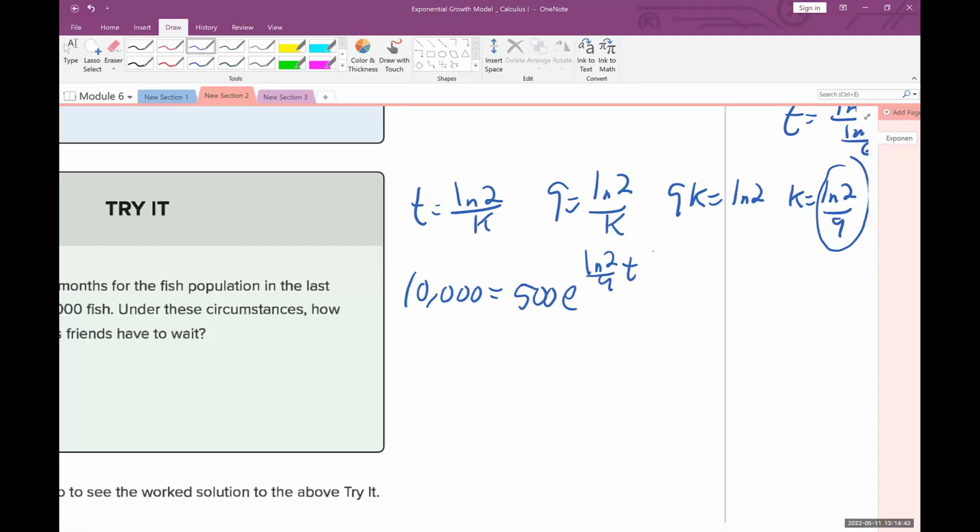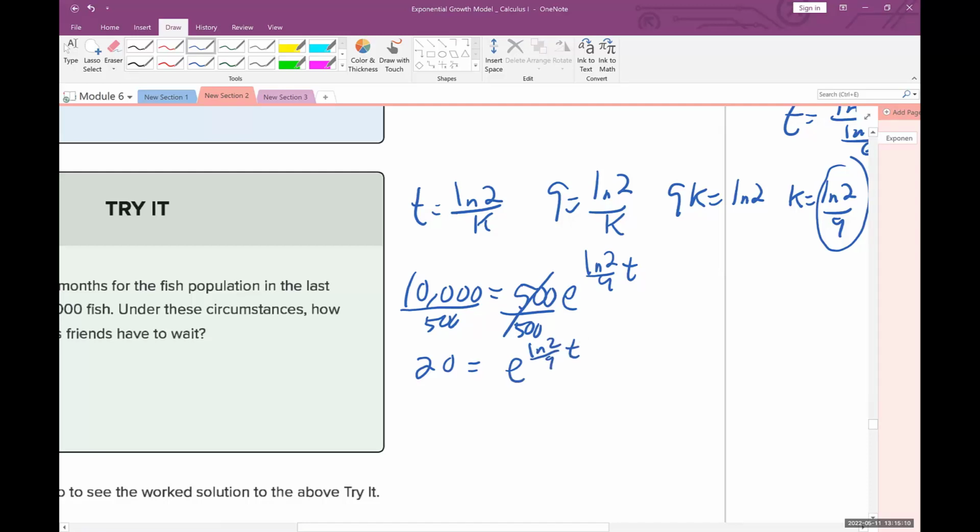What's the next step? So that would be 20 equals e to the natural log of 2 over 9 times t.